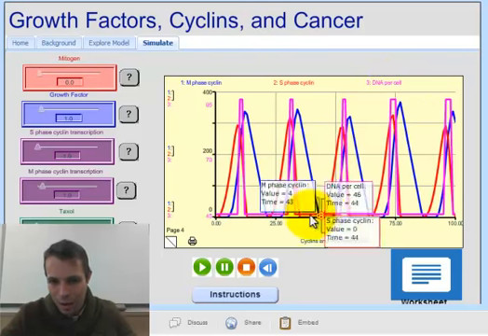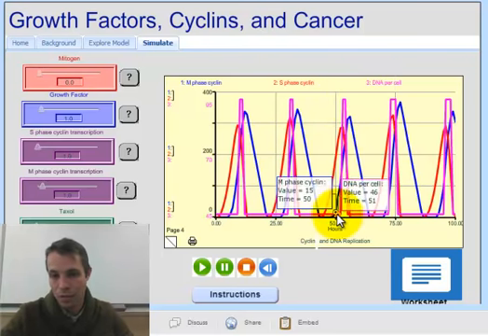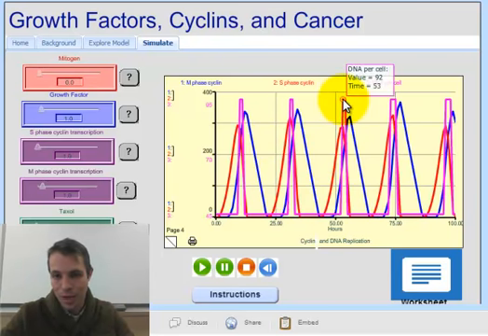DNA is right here, it's staying the same, and then all of a sudden it increases. What's causing it to increase is it's going through the S phase. DNA is replicating, going from 46 DNA molecules to having 92 DNA molecules at the end of S phase.